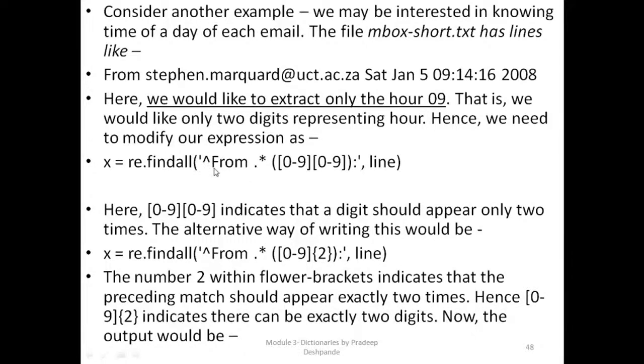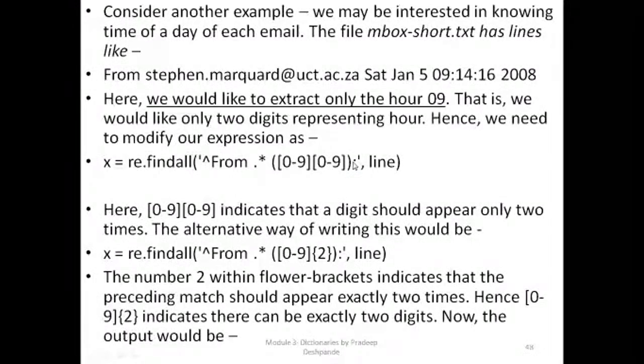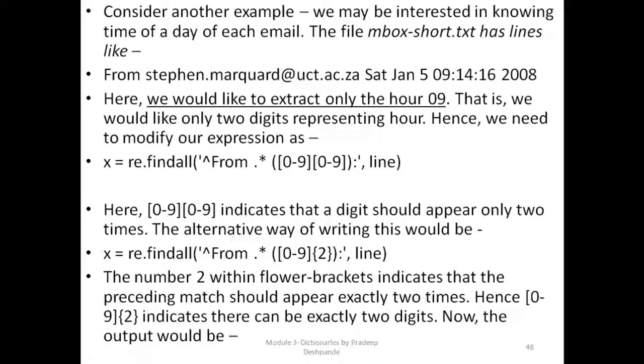In the findall function, caret From, so that it starts from here, any number of characters, okay, and after that we have a colon here, and we want to pick digits. We can also write the same thing in this way. Instead of mentioning the digit pattern two times, just mention it once, and in curly braces mention how many digits you want. Okay, that is also possible.